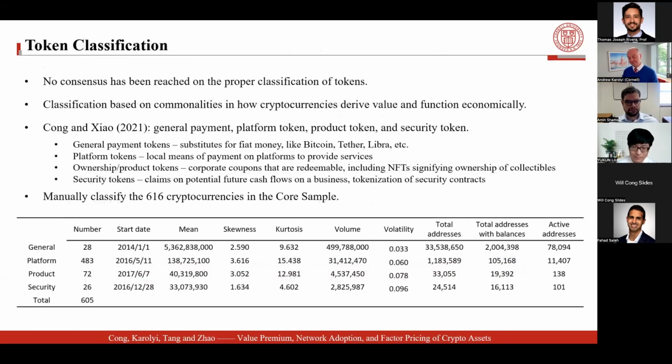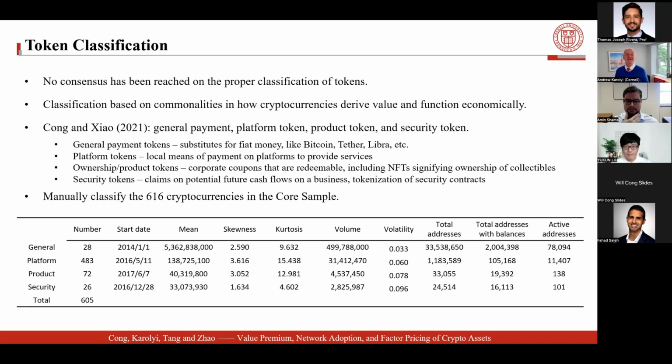So the third part of the paper, where we actually now try to think about segmentation in the marketplace. None of this part of the paper happens without Song and Xiao, which is this cool paper published as a book chapter, where it articulates the economic logic of what value from services these tokens can derive and how they function differently economically.